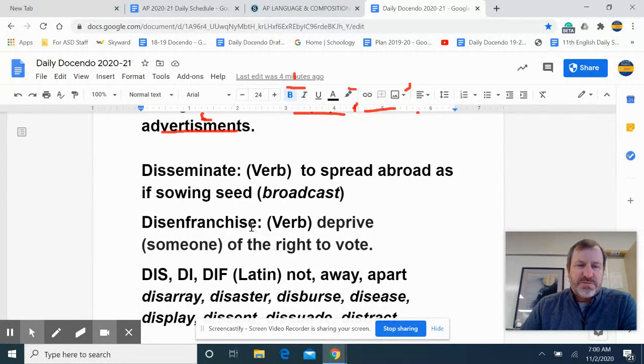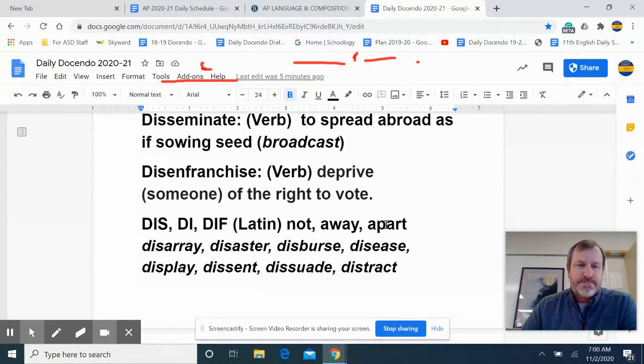Now, disenfranchise is the verb meaning to deprive someone of the right to vote. So to enfranchise is to give the right to vote, and to disenfranchise is to cause somebody to lose their right to vote. So the prefix here means not, from Latin, and you'll see that in lots of examples down here, and all of them have something to do with either not, away, or apart.